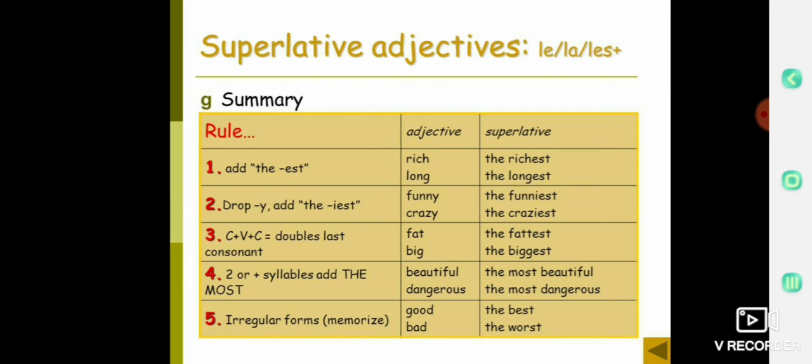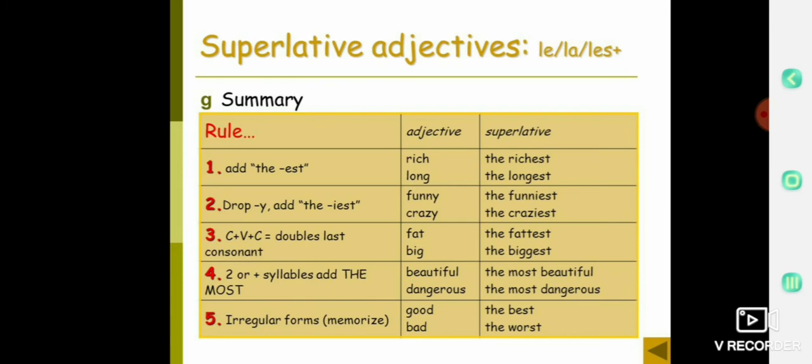Now the next thing is, if it is a CVC word, CVC means consonant vowel consonant, like big, fat, hot. In fat, F is a consonant, A is a vowel, and T is again a consonant. So if there is a CVC word like fat, big, red, hot, mad, these are CVC words, you have to double the last consonant.